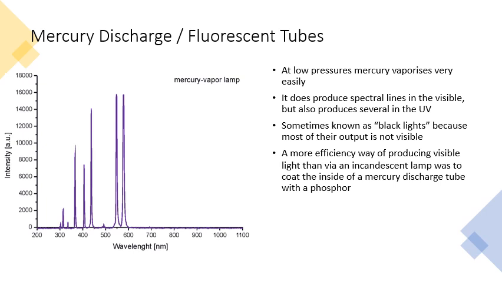And of course, if you've got this thing that's producing visible light and producing a lot of UV light pretty efficiently, then if you could turn that UV light into visible light, then you've got an efficient way of making visible light. And so that's what a fluorescent tube is. A fluorescent tube is a mercury discharge tube that's got a white coating on the inside of it, and the white coating, the phosphor, is absorbing the UV and re-emitting it as white light.